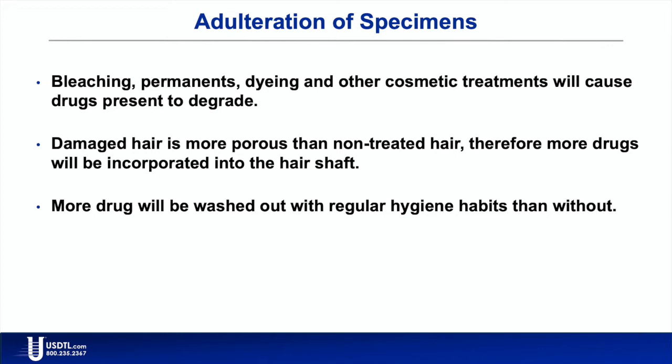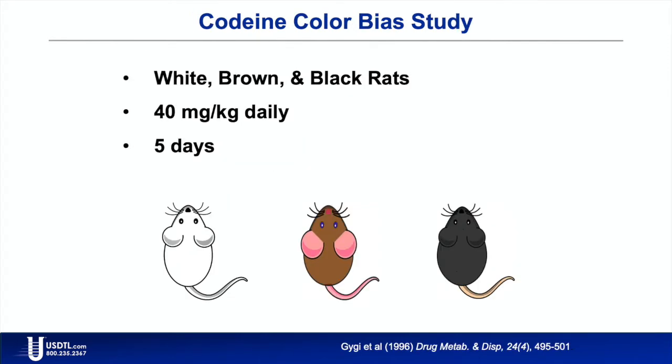So hair color is one of the biggest variables in hair testing. And we're going to go over some data here from the literature, and some of this is quite old. This study here was from 1996. And what they did was they gave codeine to white, brown, and black rats. They gave them 40 milligrams per kilogram on a daily basis for 5 days.